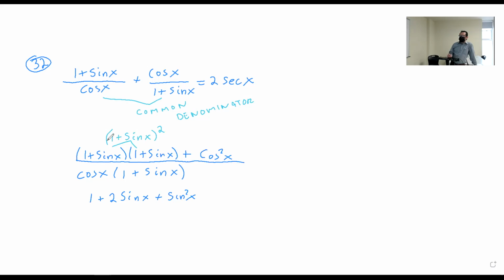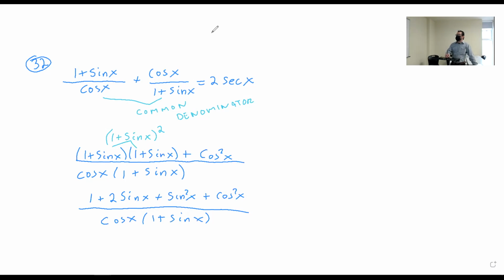This is just the product of these two, or elevating the binomial to the square, plus cosine squared of x, divided by cosine squared of x and 1 plus sine of x.